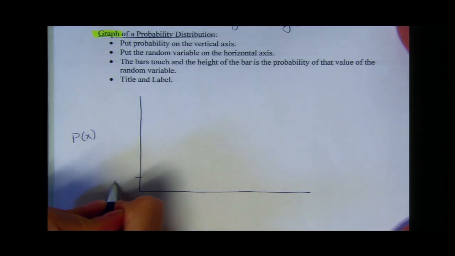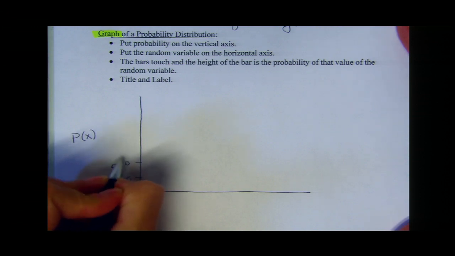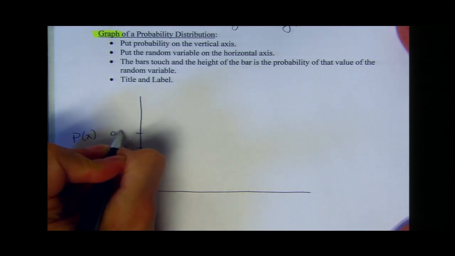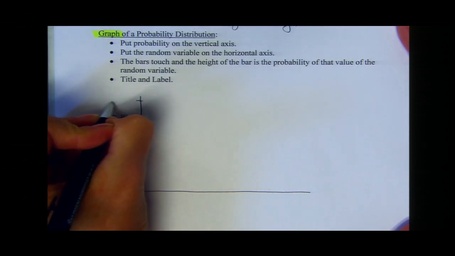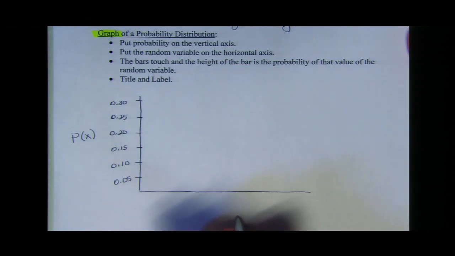So I'm going to go 0.05, 0.10, 0.15, 0.20, 0.25, 0.30. And then the random variable goes on the horizontal axis, and our random variable is appliances sold.